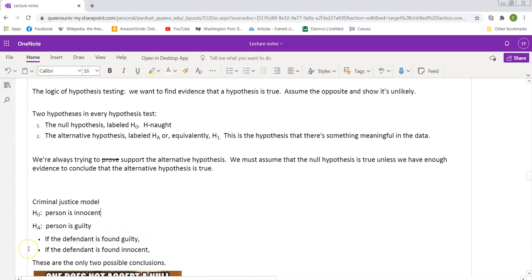In the criminal justice model, there are two possible conclusions to a hypothesis test, or to a trial. The person could be found guilty, or the person could be found innocent. I'm going to introduce language to you here that you probably wouldn't hear in a court case, but this kind of language is what we're going to need to use.